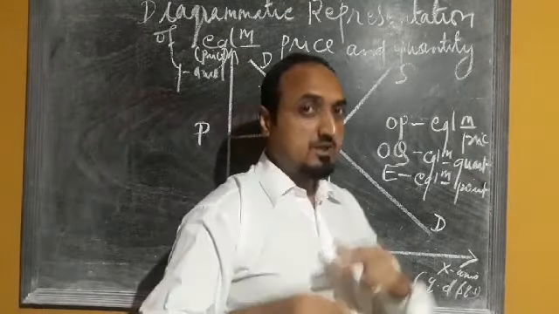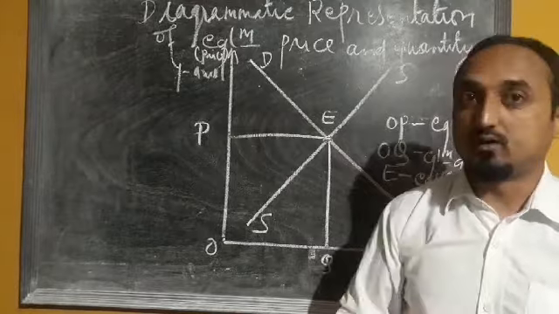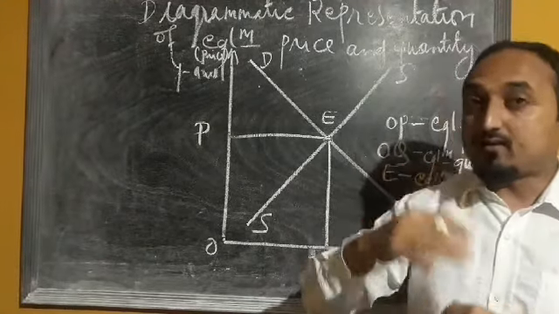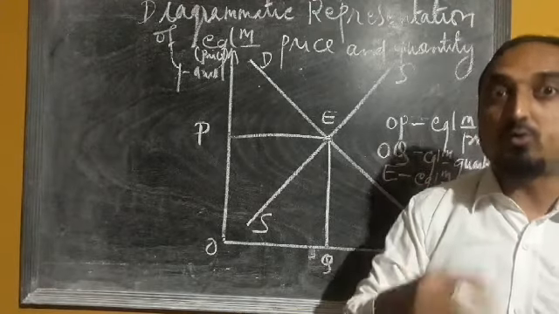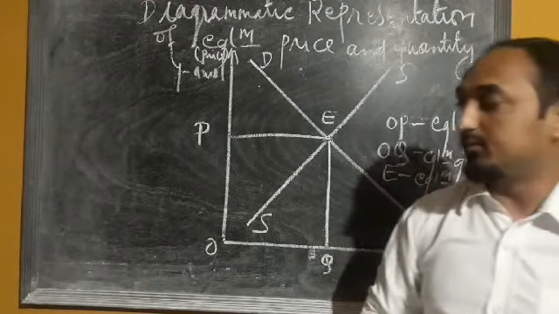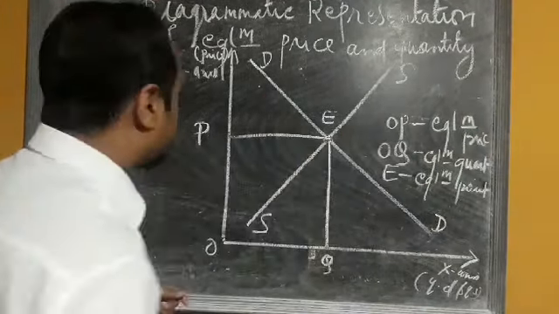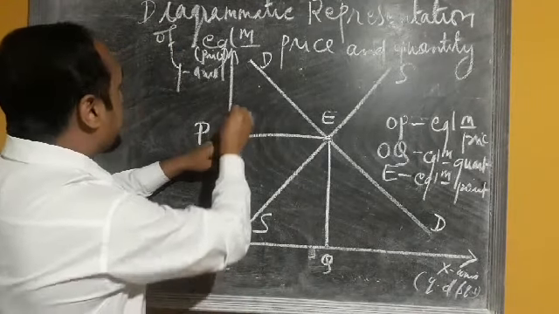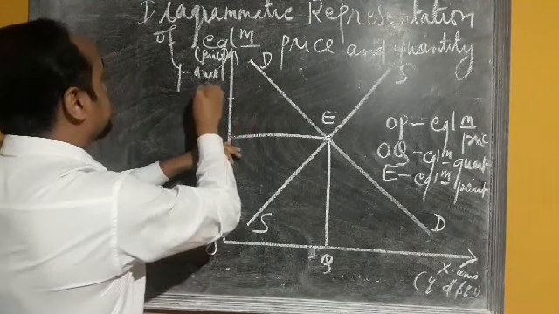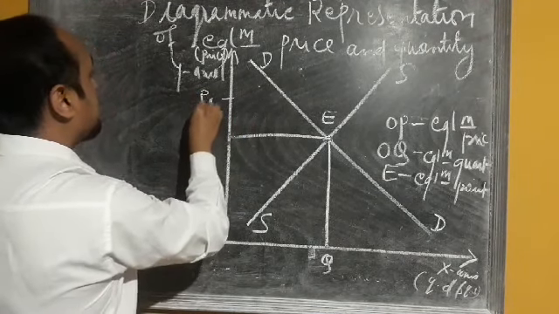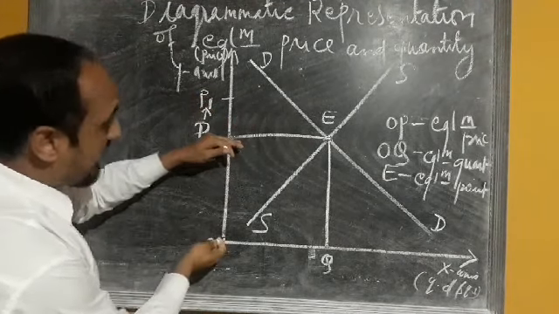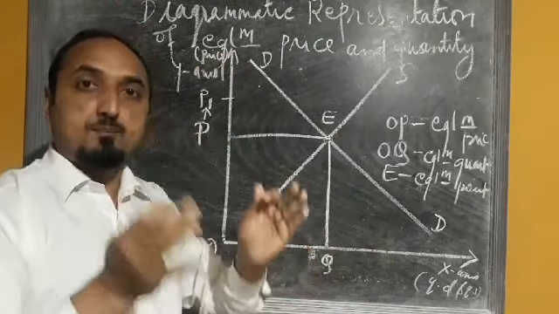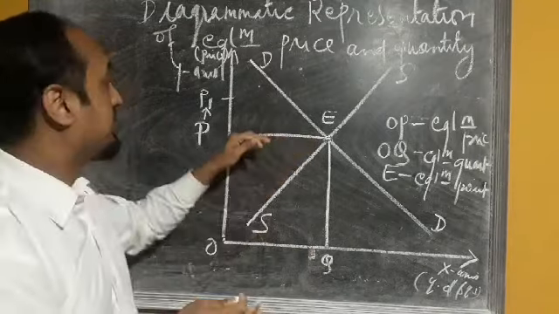Now we will consider a situation where the price is a little higher, and at this higher price we'll check what will happen to the equilibrium price and equilibrium quantity. Suppose the price increases from OP to OP1. Here I am taking the price a little higher compared to the equilibrium price.